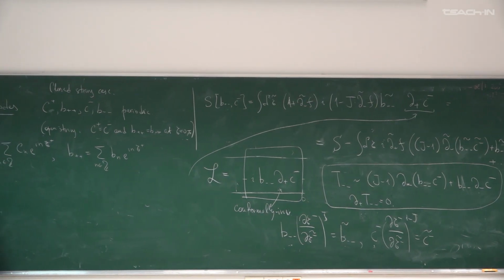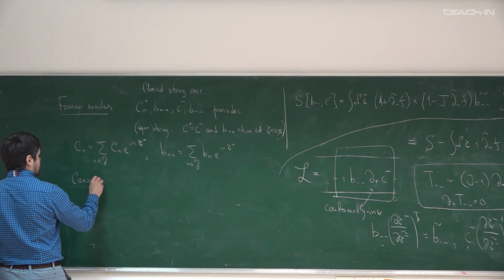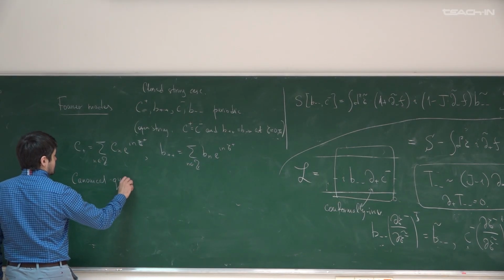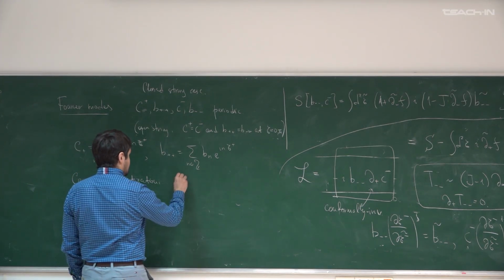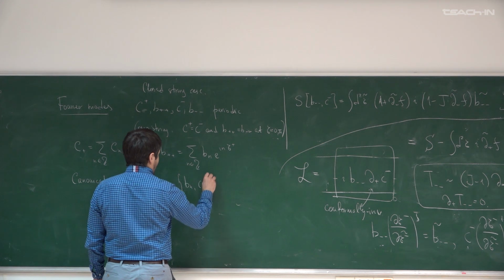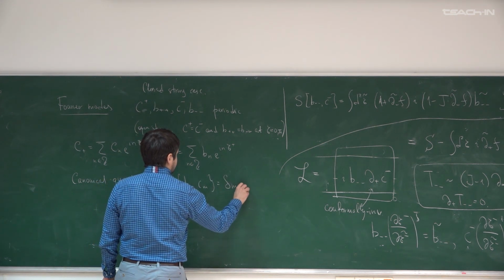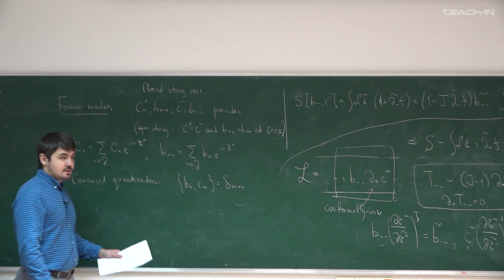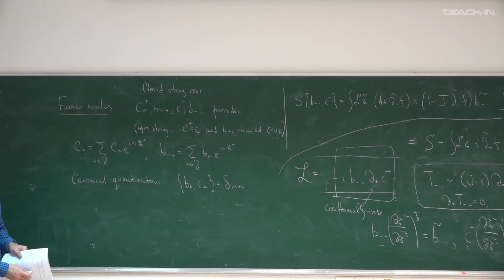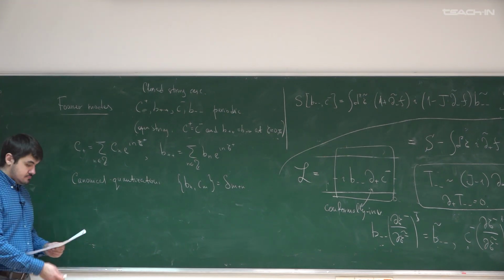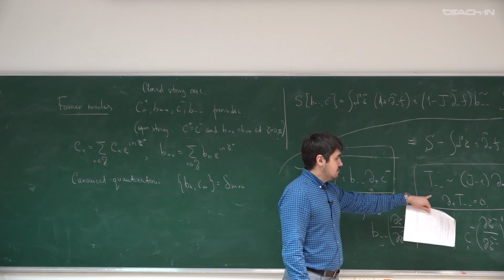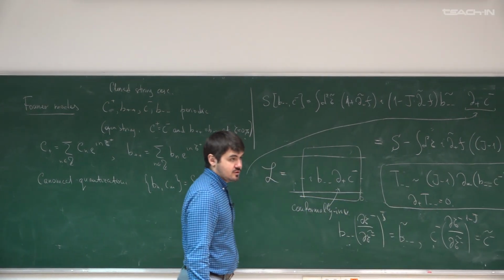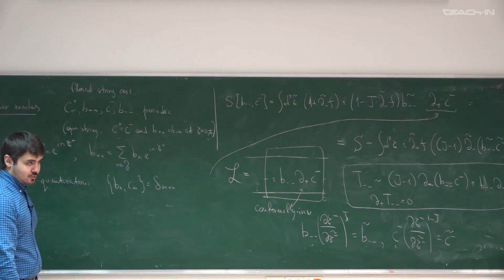So canonical quantization says that B and C just obey these commutation relations. And now what we want to do, we want to substitute this expansion in the energy momentum tensor. Well, sorry, these were the minus components here. Analogously, you have everything for the minus components.